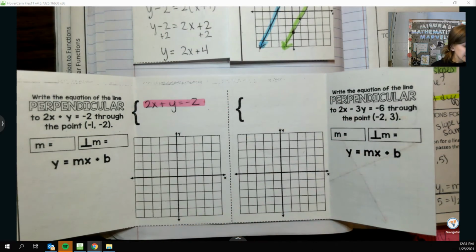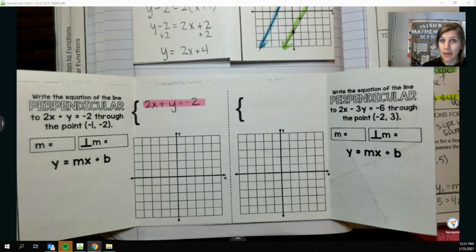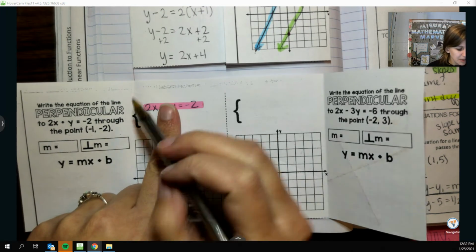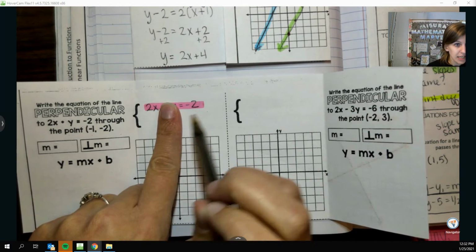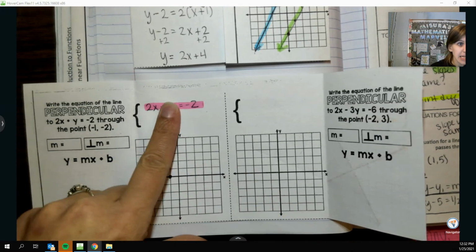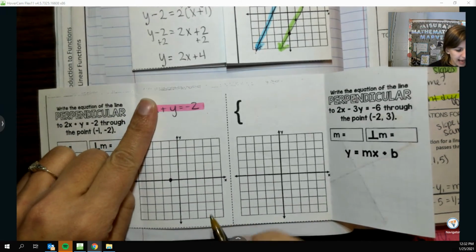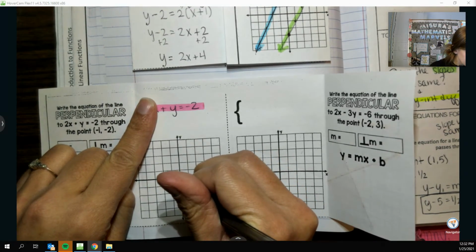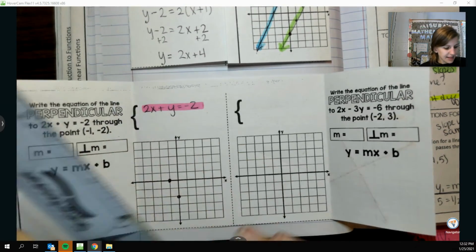Now that one's in standard form, like we were talking about the other day, and so I can graph that really quickly by finding the x-intercept. So I ignore y, solve for x, and it'd be negative 1 on the x-axis, and then ignore y and find the y-intercept is at negative 2, and then get my line.